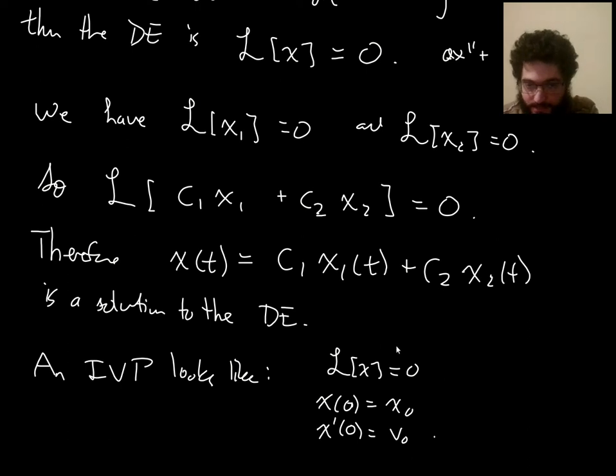Once you fix the differential equation, each initial value problem corresponds to choosing two numbers, the initial value of x and the initial derivative of x. So there are these two independent parameters that you can specify in order to specify a particular initial value problem, a particular setup. The existence and uniqueness theorem says that to every one of these particular setups, there exists a unique solution.